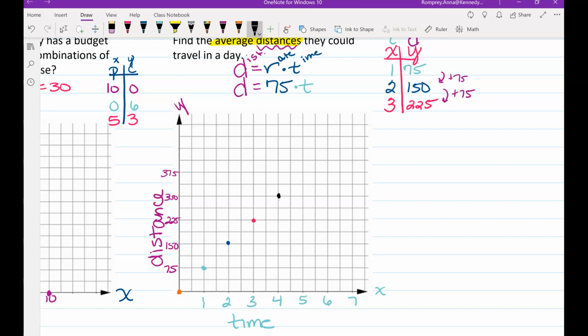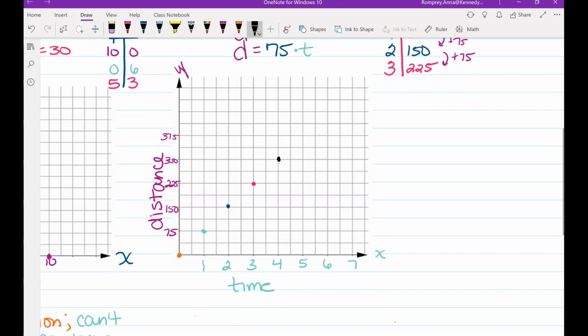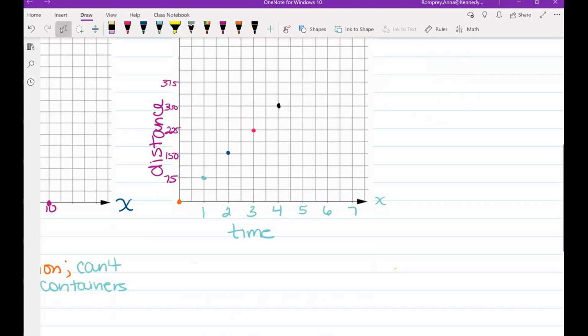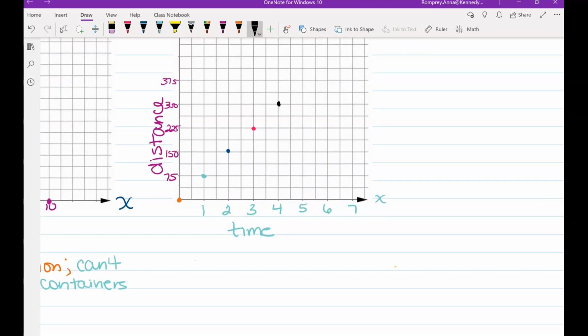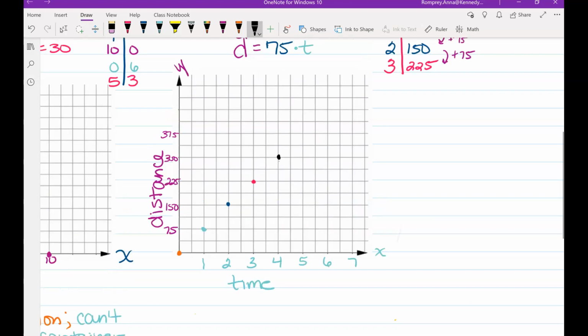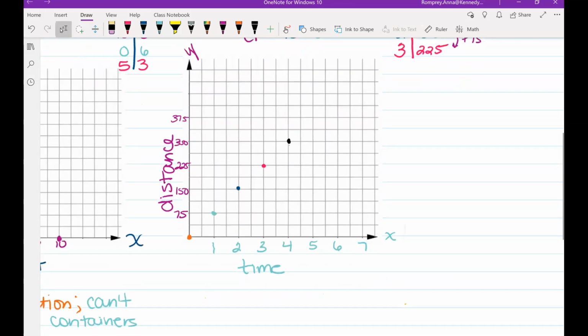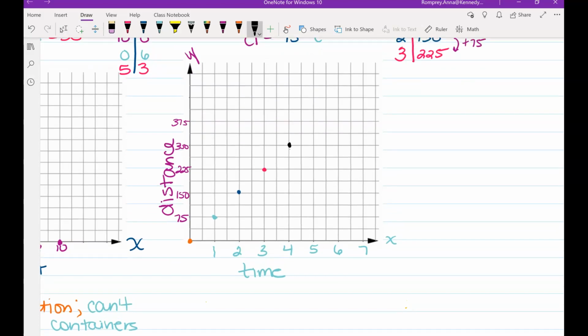Now, let's figure out, is this discrete or is it continuous? So how far have I traveled? Can I figure out how far I've traveled in an hour? 2 hours, 3 hours, yes. Can I figure out how far I've traveled in an hour and a half? Yeah, plug in 1.5. Can I figure out how far I have traveled in 1 hour and 12 minutes?